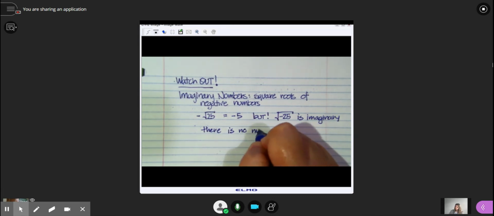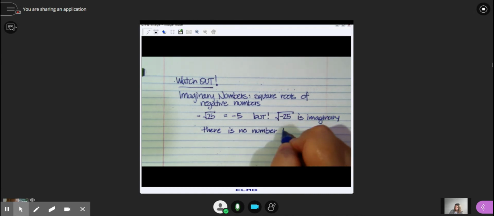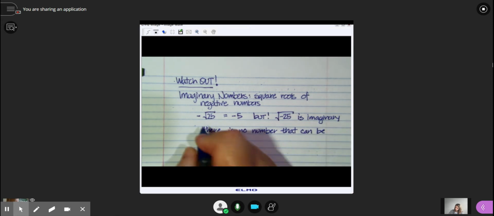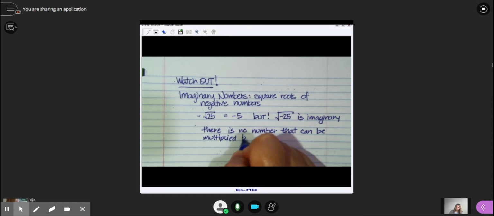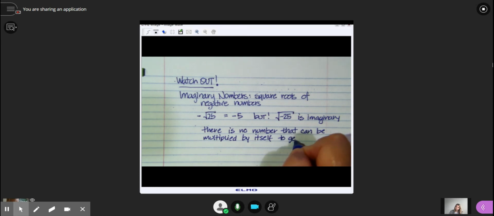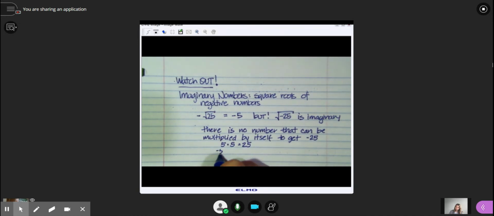There is no number that can be multiplied by itself to get a negative 25. If I have a 5 and I multiply it by another 5, that's 25. And if I have a negative 5 and I multiply by another negative 5, that's still a positive 25.